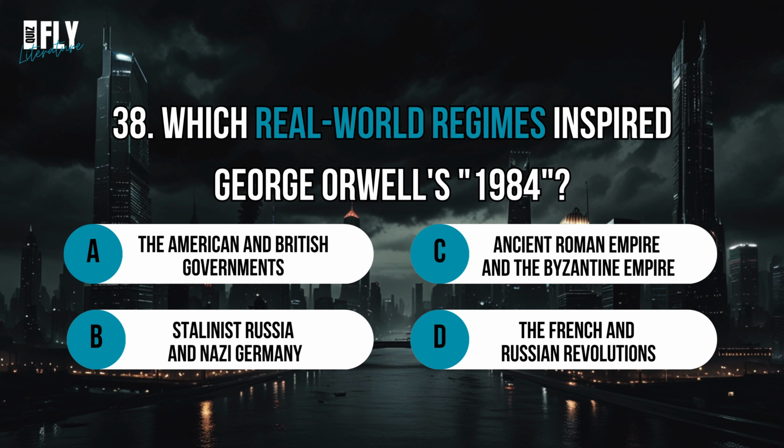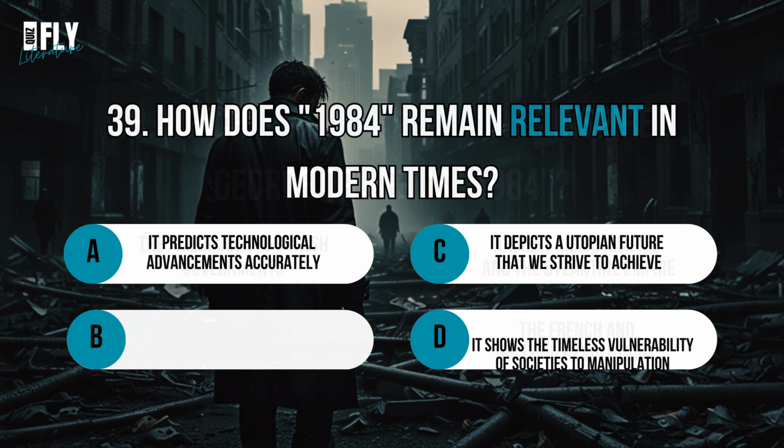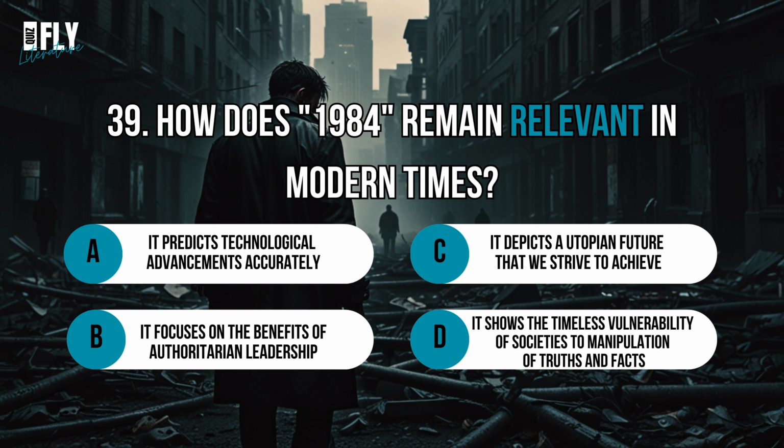Which real-world regimes inspired George Orwell's 1984? Stalinist Russia and Nazi Germany. How does 1984 remain relevant in modern times?